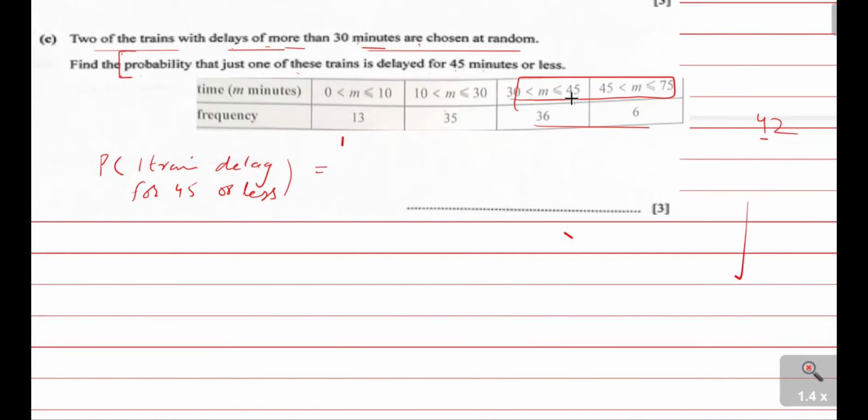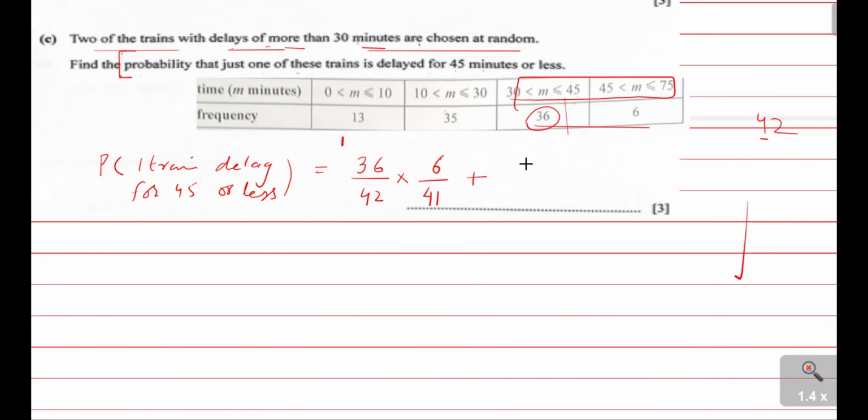Look here, the number of trains delayed for 45 minutes or less is 36. So one of the trains delayed for 45 minutes or less is 36 out of 42. The other train is delayed more than 45 minutes. There are 6 trains out of 41 because one of the trains is already selected.